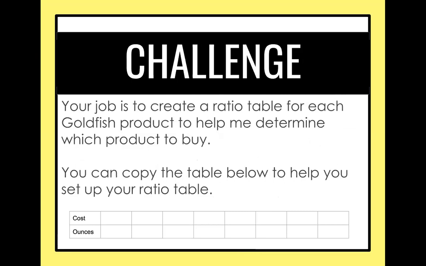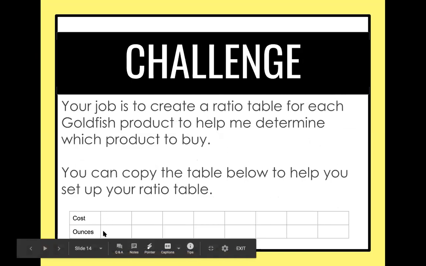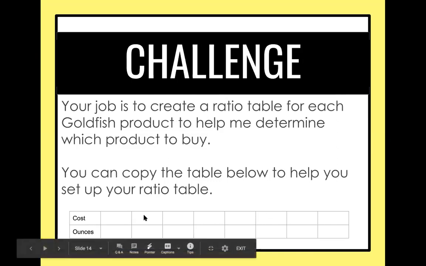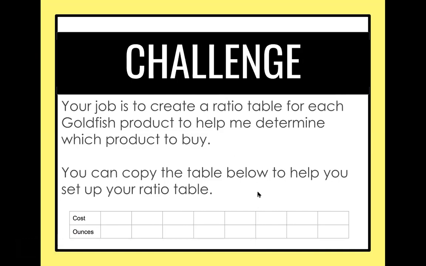So your job is to create a ratio table for each Goldfish product to help me determine which product to buy. You can copy the table below to help you set up your ratio table. You will make a ratio with cost to ounces, just like I did with the Jelly Bellies. And then you can compare by multiplying and dividing different amounts of Goldfish.